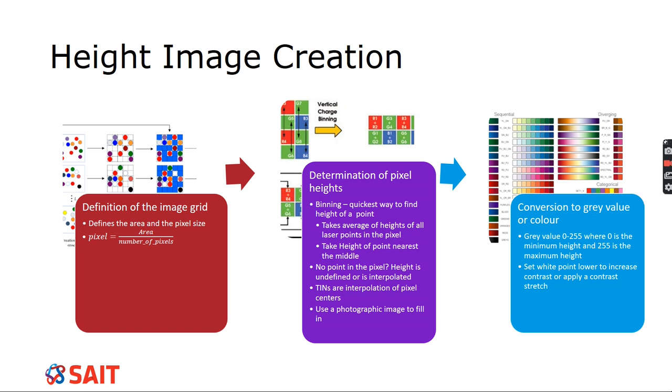Height image creation. There are 3 major steps that we go through to create an image. The first one is we define the image grid. So what do our pixels look like? How much space are our pixels going to take up? How many points are going to be within that pixel? And what does our spatial resolution look like?